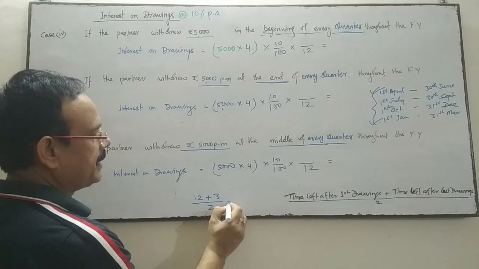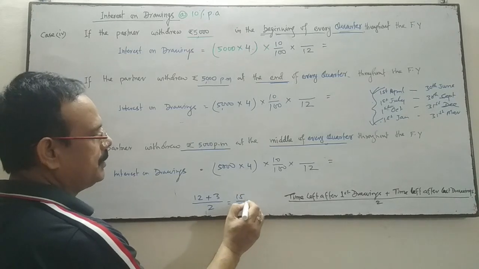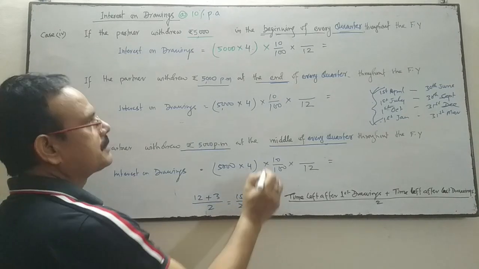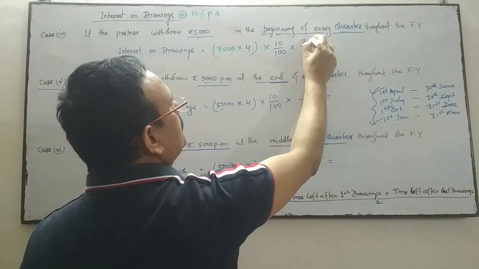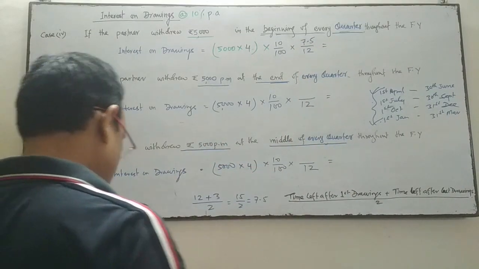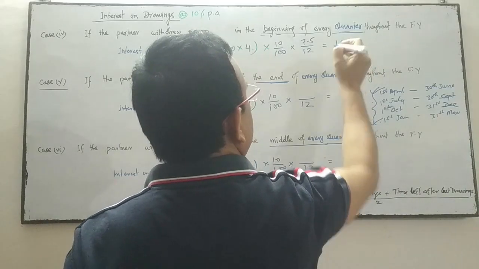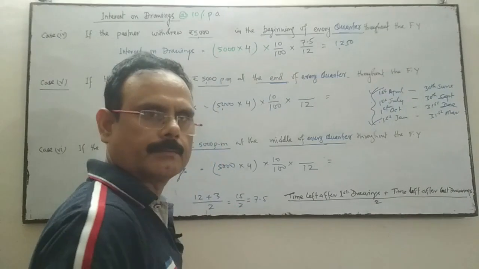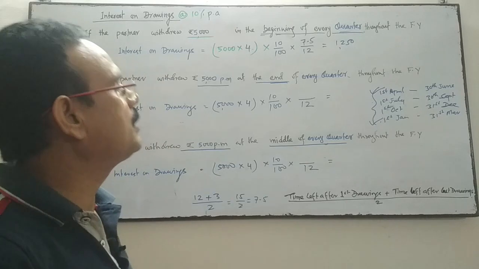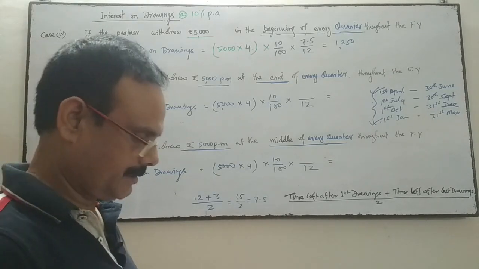So find out the average: 15 by 2, 7.5 months. So this will be for 7.5 months, and 1,250 is the interest.